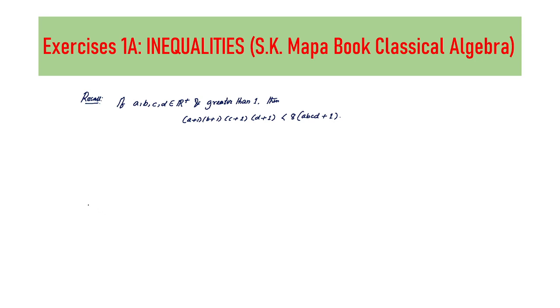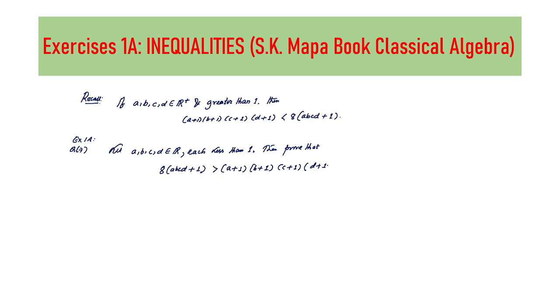In this problem, problem number 7, exercise 1A, it has been asked: let A, B, C, D be positive real numbers, each less than 1, then prove that 8 into (ABCD plus 1) is greater than (A plus 1)(B plus 1)(C plus 1)(D plus 1).